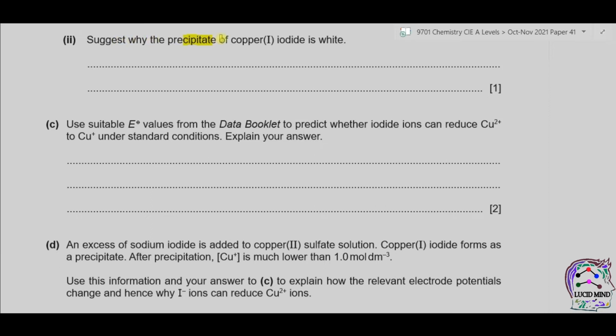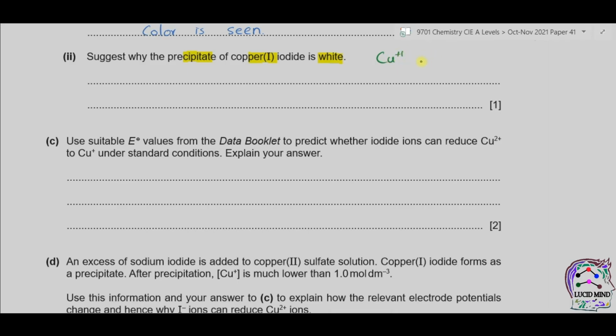Part 2 suggests why the precipitate of copper 1 iodide is white. In copper plus 1, the electronic configuration is 3d10. Now as the 3d orbital is full, no electronic transition is possible, because for transition of an electron we must have at least one empty space, as in the 3d 9 electrons present in d orbital. So we can write that in copper plus 1, there is a complete 3d subshell.